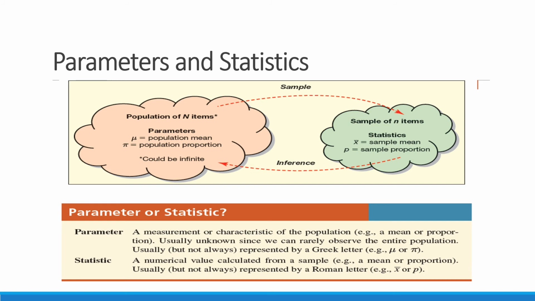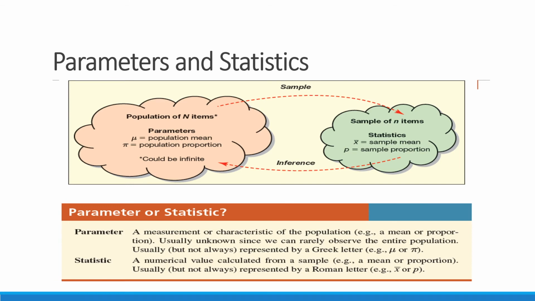So a parameter is a measurement or characteristic of the population, such as a mean or a proportion. And usually this parameter is unknown, because again it's very hard to collect data about all items included inside the population.